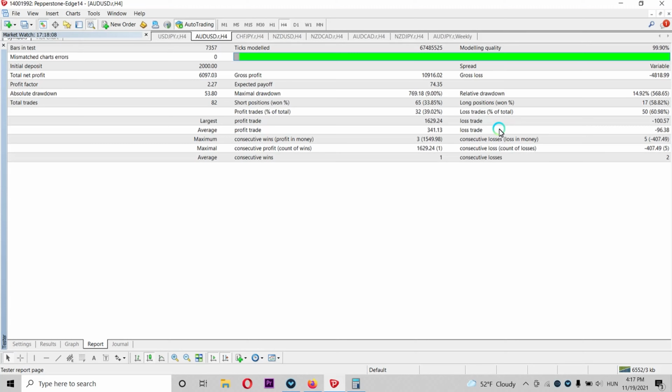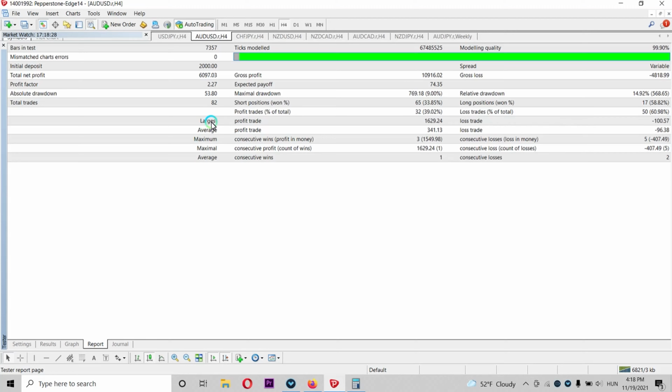So why is it that most hedge funds have an approximately 40% win rate? It is for the exact same reason, because win rate doesn't matter. What matters is the risk to reward ratio. That is the only thing that matters.